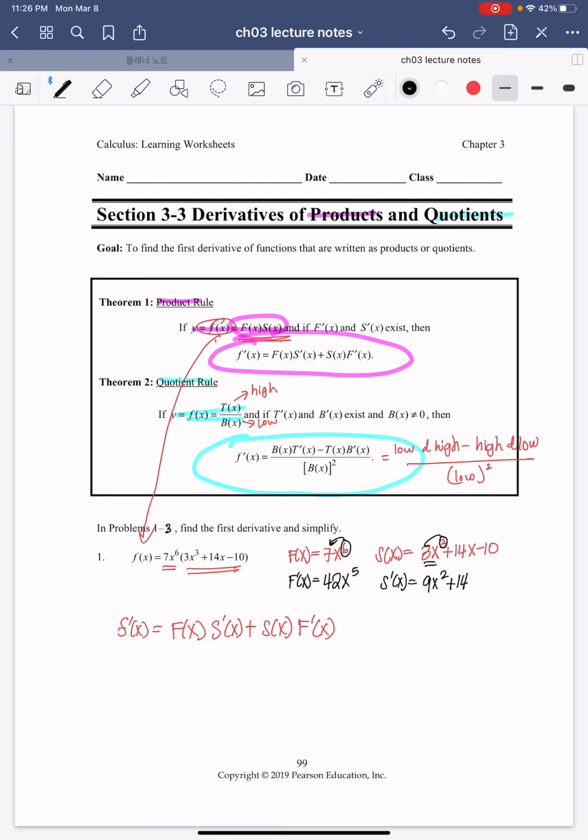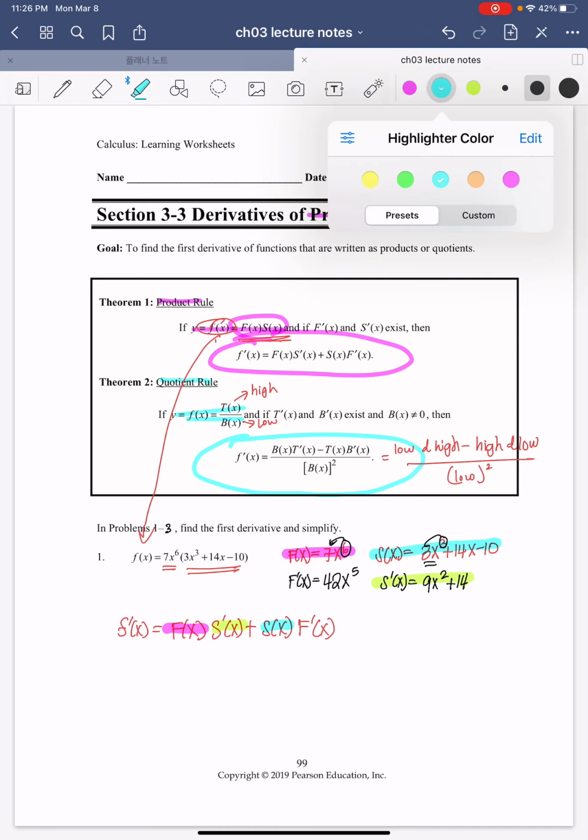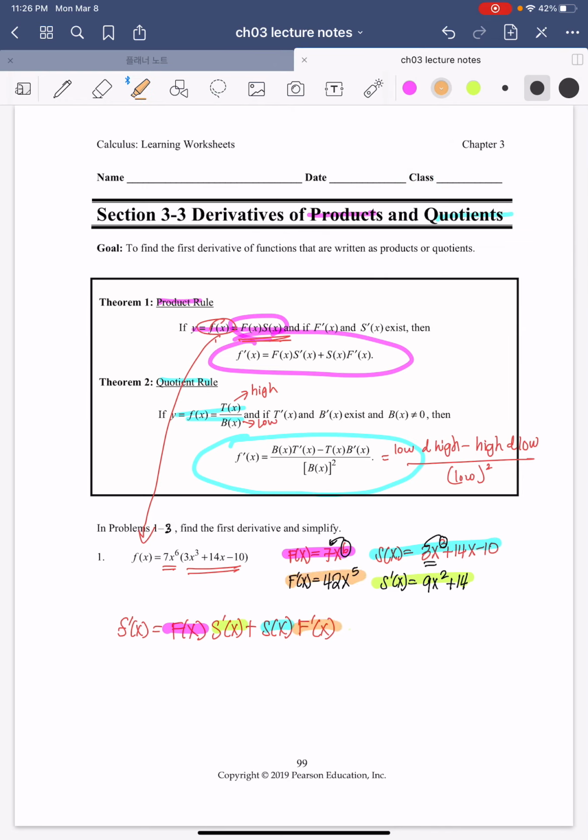So we are now going to plug it into the formula. I'm going to color code it so it's easier. F, and then you have S prime, which is this one. And then you have the S function, and then you have F prime. So let's match up the colors.